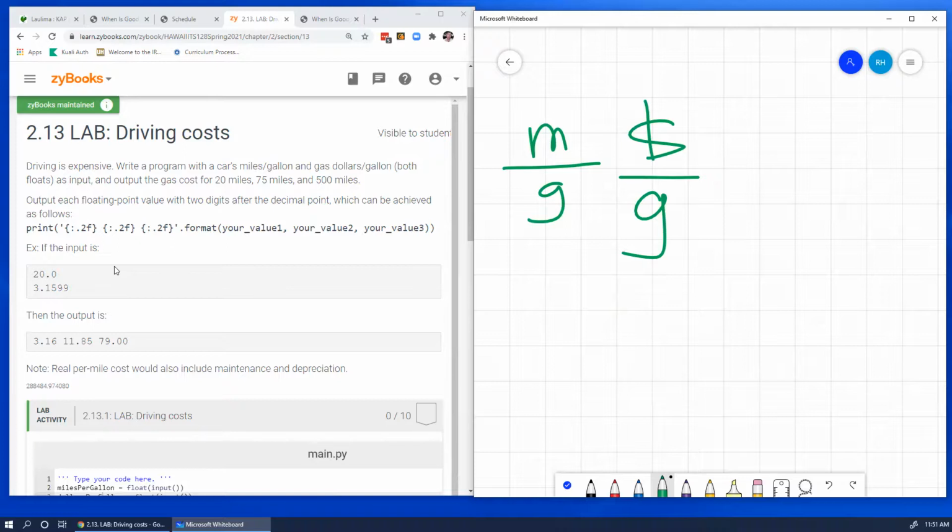Let's first figure out, okay, so we want something where we multiply by miles. We want miles times something equals dollars. That's what we want. Well, what's miles times something equal dollars? If I want gallons, what happens if I divide?